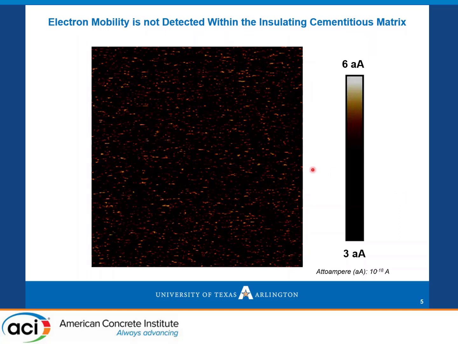Here we see the current mapping in a very limited range from 6 to 3 attoampere. The majority is the dark background, the cementitious products. We also see some light colored spots, which are probably air voids included in this cementitious matrix.